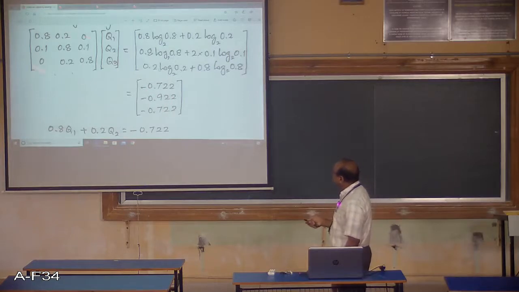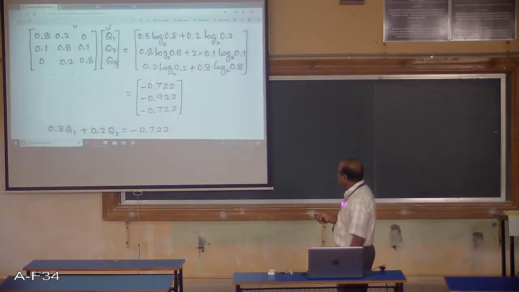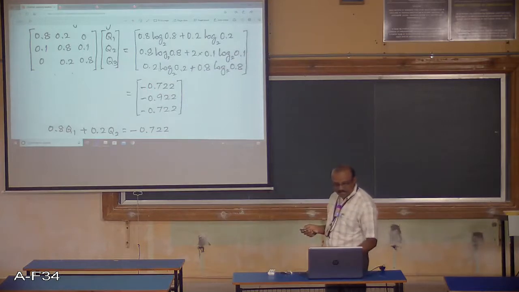The left hand side remains the same, and we have the channel matrix and the Q values, which are the constants. Accordingly we can write 3 equations. 0.8 into Q1, 0.2 into Q2 is equal to this constant value, minus 0.722.